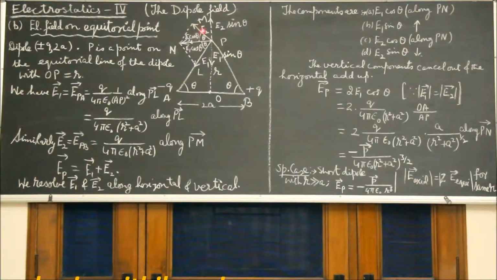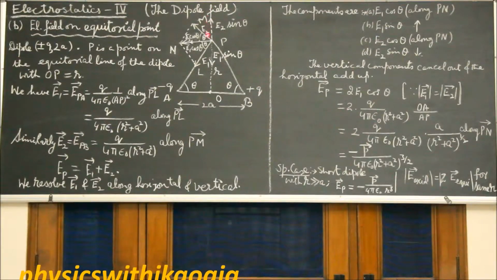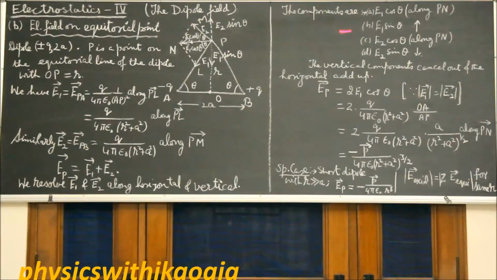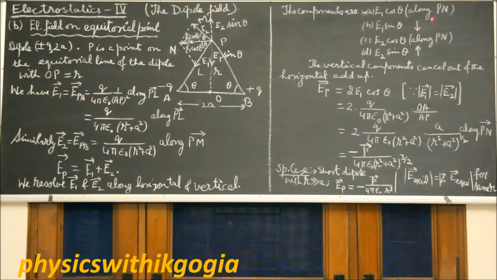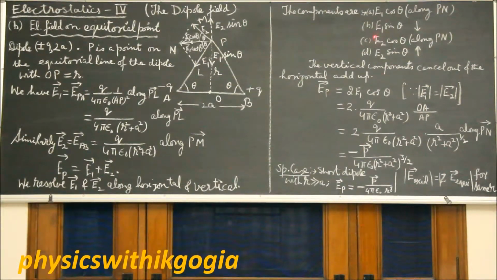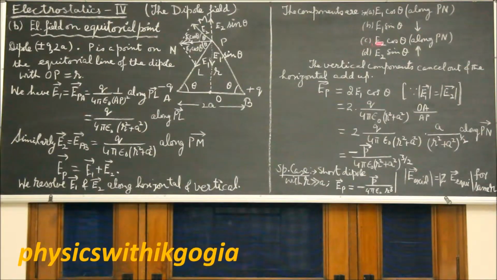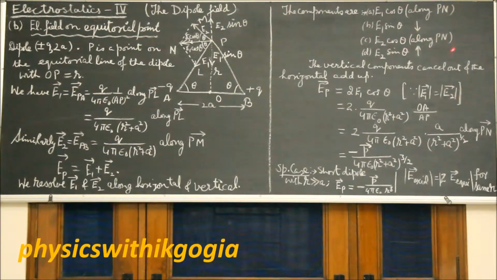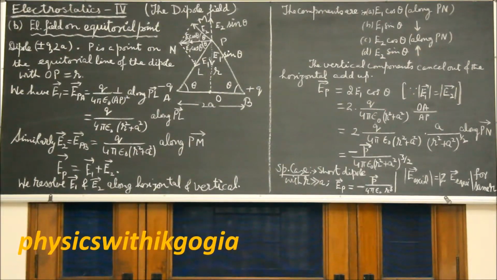Similarly, the components of E2 are E2 cos theta along PN and E2 sin theta vertically upwards.